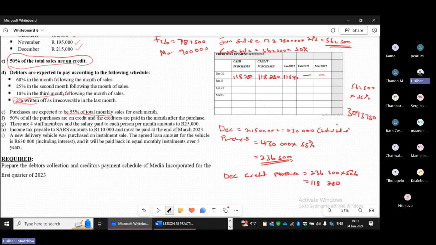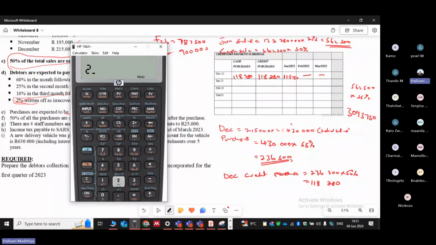Then we need to split this into two to get the January cash purchase and credit purchase, which is 50% each. So on our final figure, we just divide this by 2. We then get 154,687.